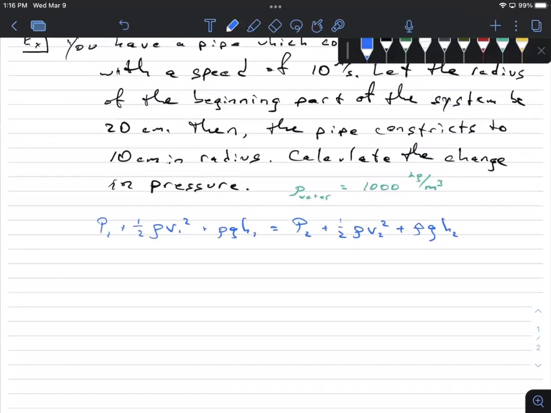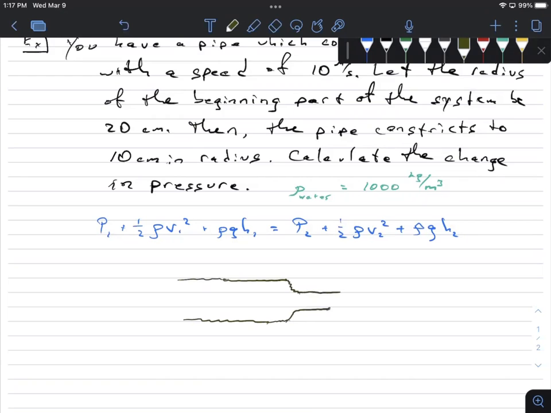Now, one thing I can do is to try to visualize what the system looks like. So if I were to visualize it, I'd say we have a pipe. It's of a certain size and it's going along. We have the water flowing through this pipe, and then it constricts down to a smaller size.